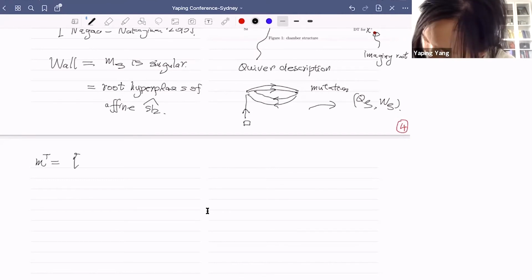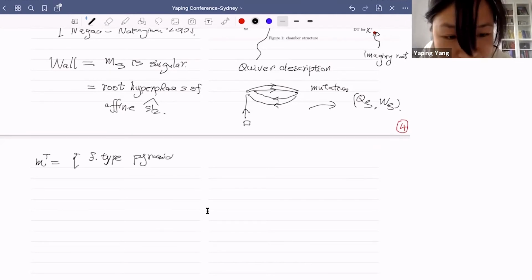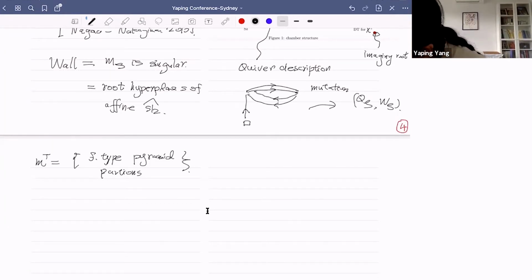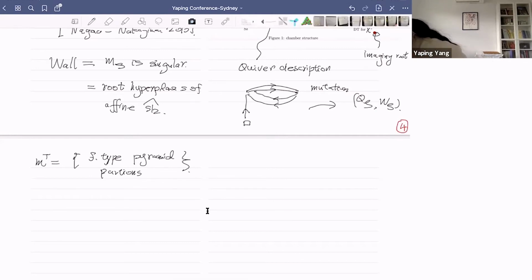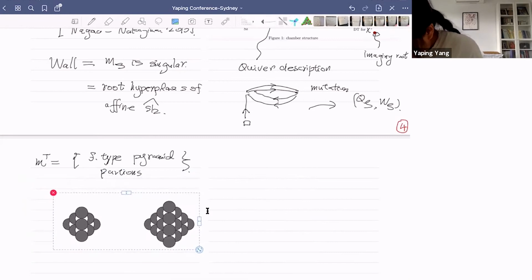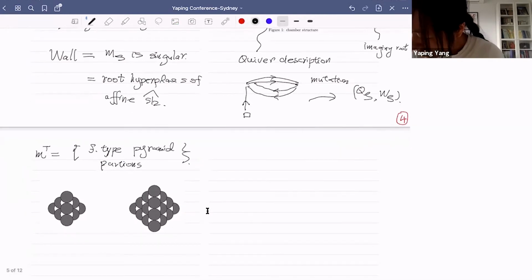This parameterizes all the finite type partitions.